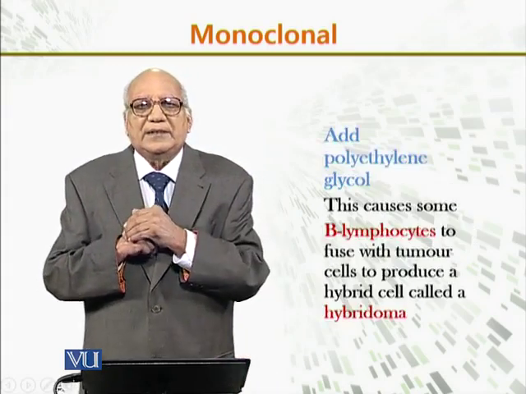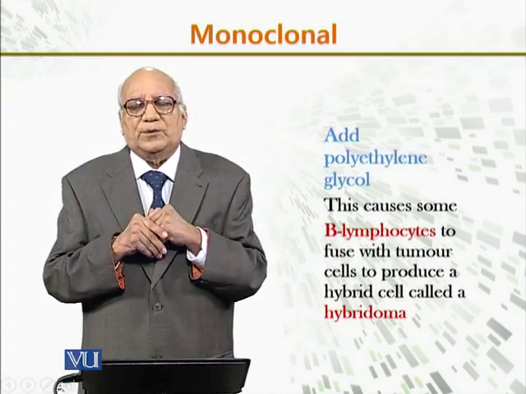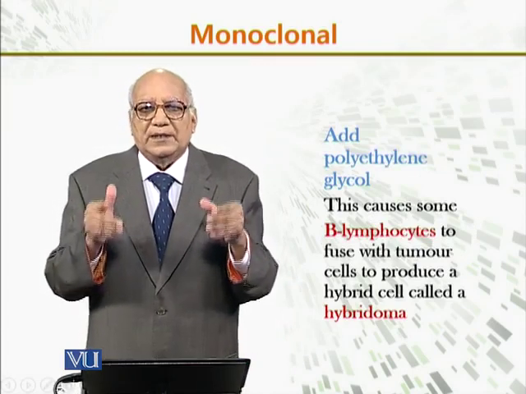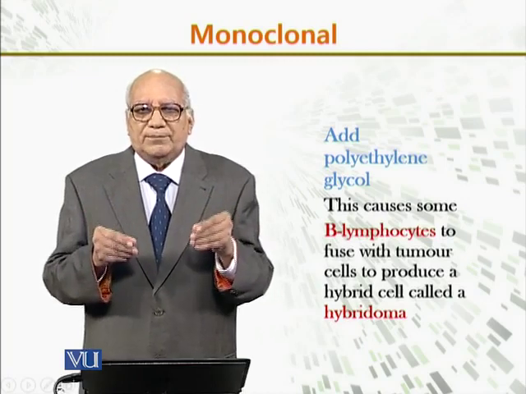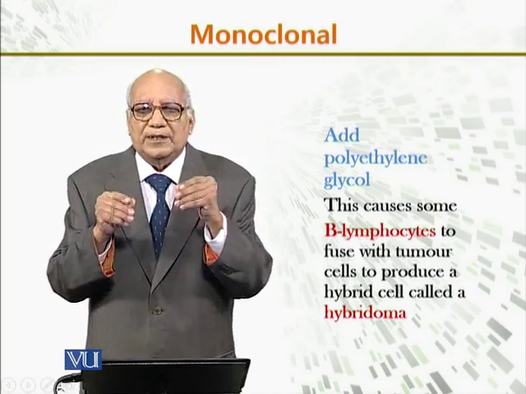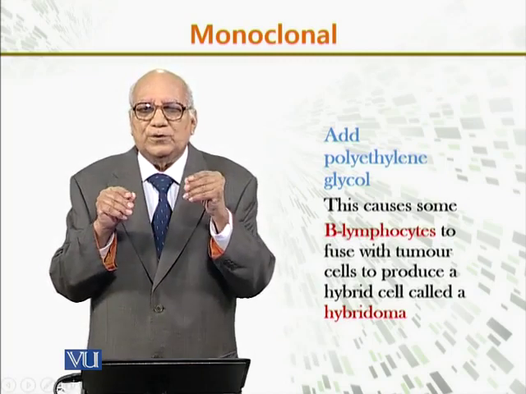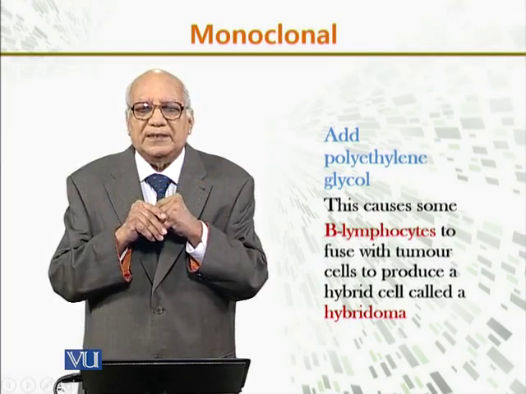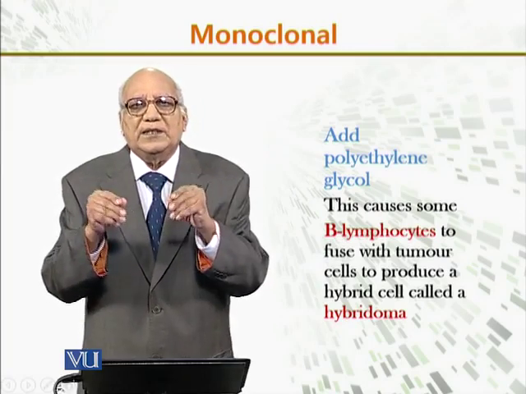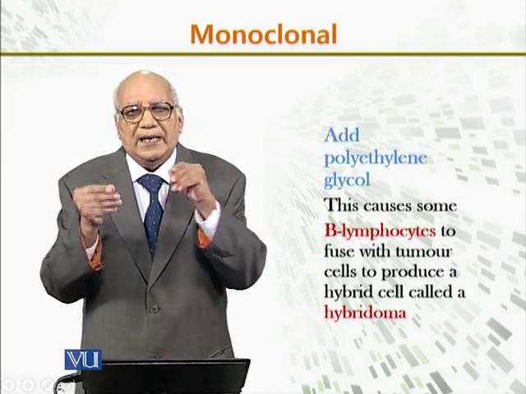and then add polyethylene glycol. Now, what is the function of polyethylene glycol? It causes some B lymphocytes to fuse with the tumor cells to produce a hybrid cell, which is called a hybridoma. So see, now we are preparing the hybridoma.